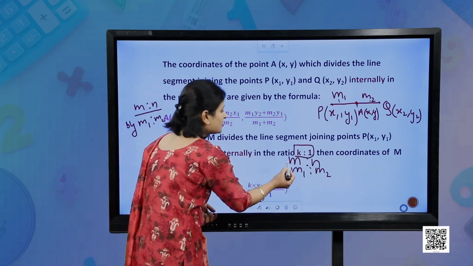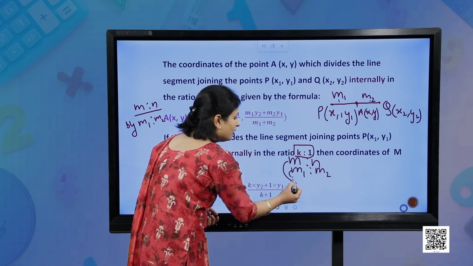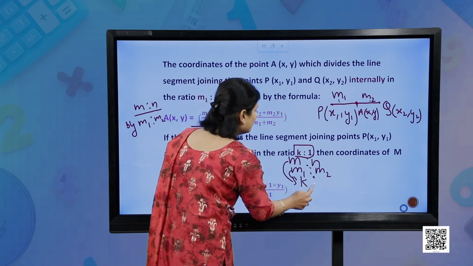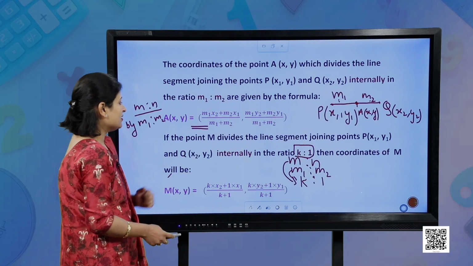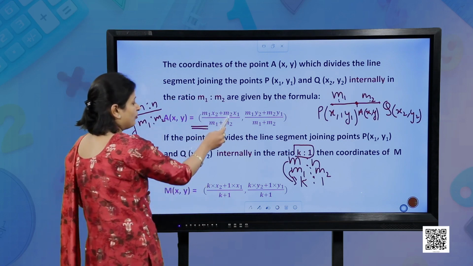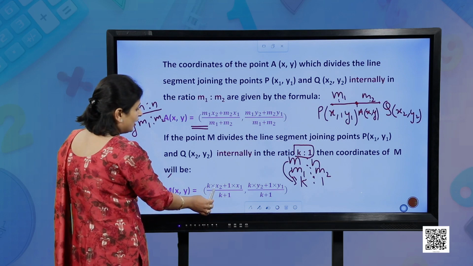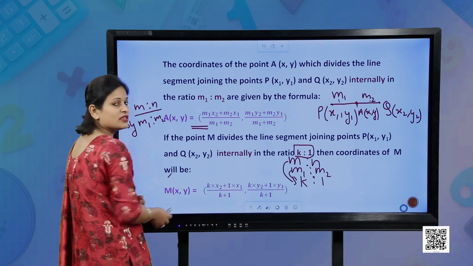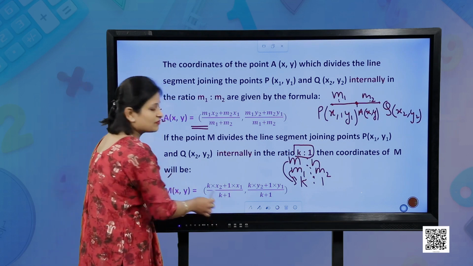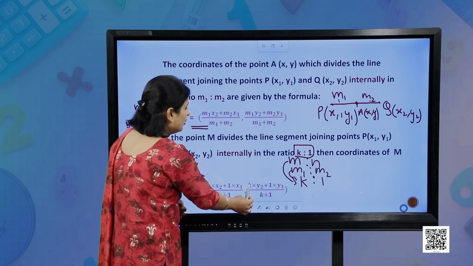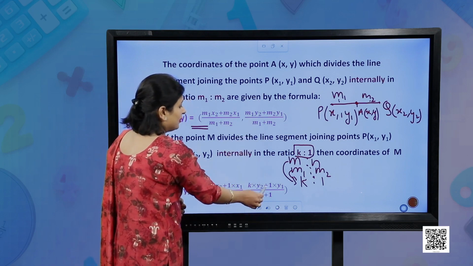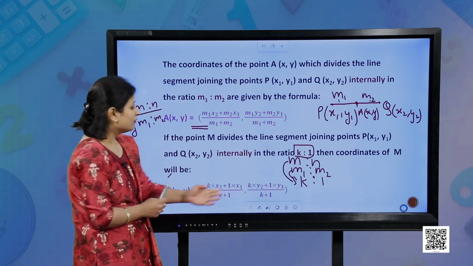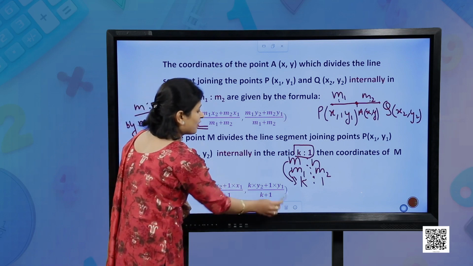So, instead of m or m1, you will write k, and instead of n or m2, you will write 1. You will get (k into x2 + 1 into x1) divided by the sum of the ratios, which is k + 1, and for the y coordinate, (k into y2 + 1 into y1) divided by the sum of the ratios, which is k + 1.